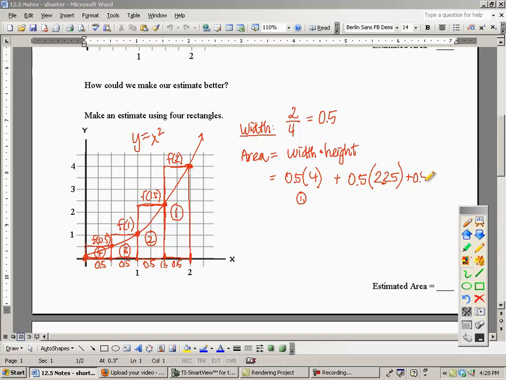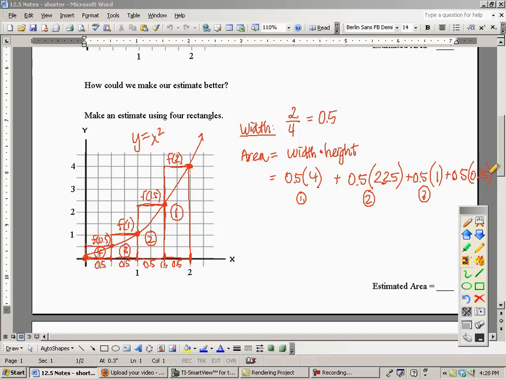Okay, I do it again, 0.5, that's rectangle 2. Rectangle 3 is 0.5 times the height at 1. Well, if I put in 1, 1 squared is 1, plus my last one, 0.5. I'm running out of room here, but I put in 0.5, and 0.5 squared is 0.25.